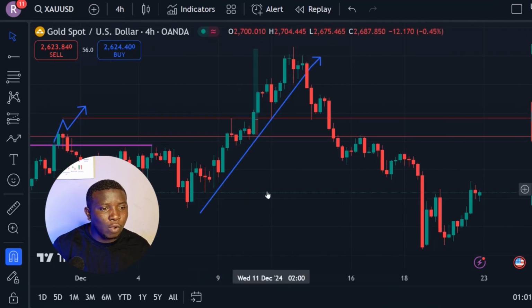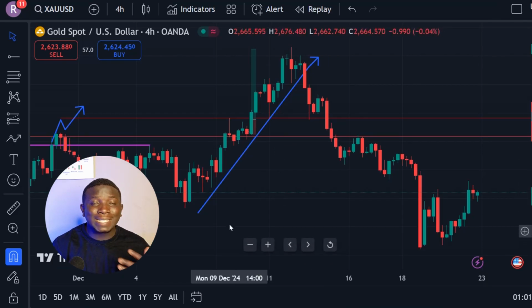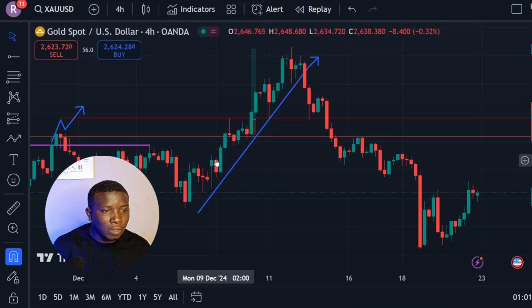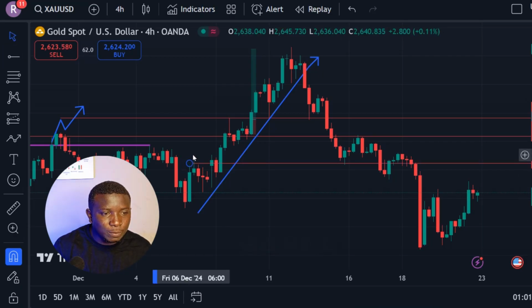Basically, you want to mark this level where the market has a little retracement back to the downside, then broke that structure. At about this level right here, when the market was going up, we have a little retracement back to the downside, and this structure was being broken.